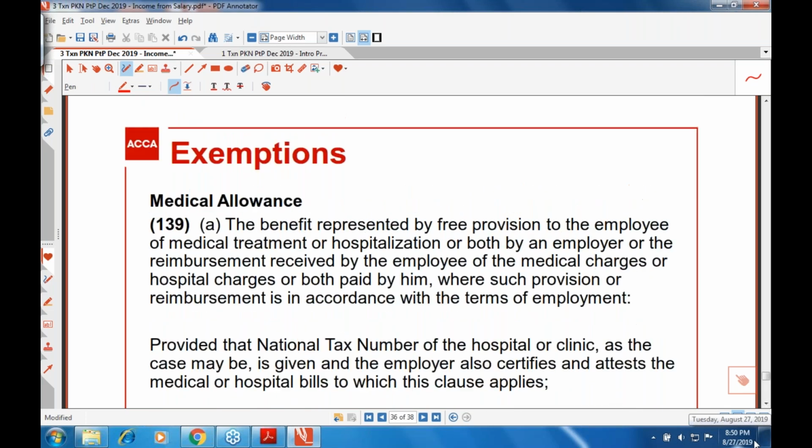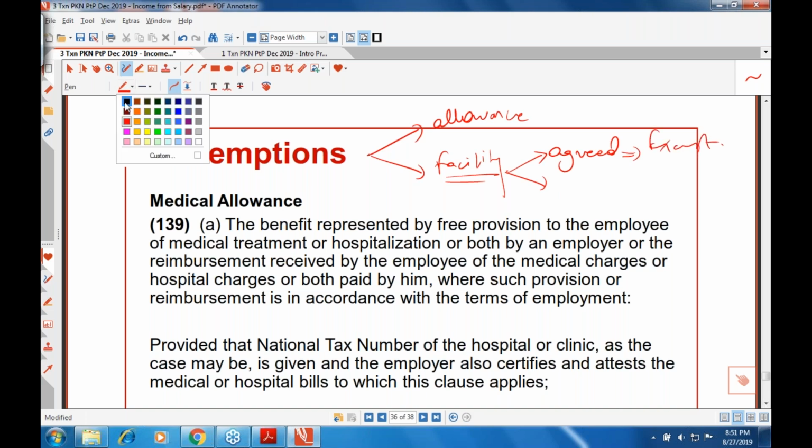Either the employer gives the employee an allowance, or he gives him the facility. If the facility is given and it was already agreed, then such facility is going to be exempt. If the facility is given and it was not agreed originally, then it's going to be taxable.